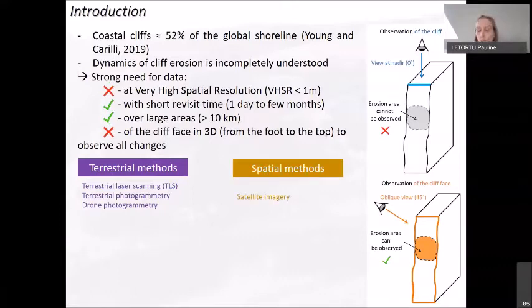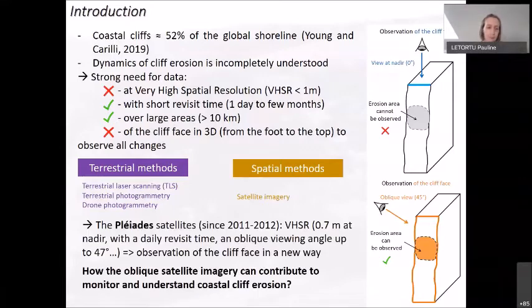For spatial remote sensing, until recently, it did not meet the criteria of very high spatial resolution and 3D reconstruction of the cliff face, which, being a subvertical object, is not observable by imaging from the vertical, called nadir.